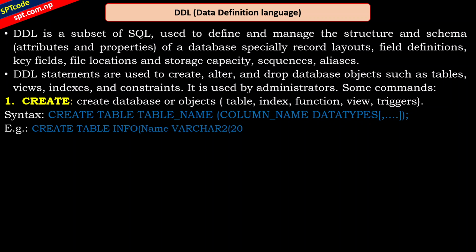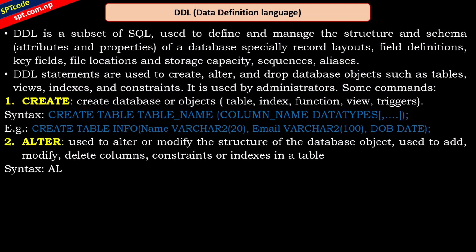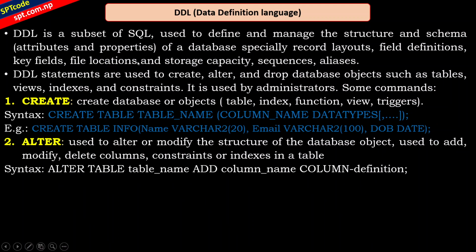Here we can use create, with the syntax to create a table or create a database, which we will use practically. To create a table you use create table and then the table name. I have used capital letters, but SQL is not case sensitive, so uppercase or lowercase makes no difference. Then you define the columns, the field names, with data types.